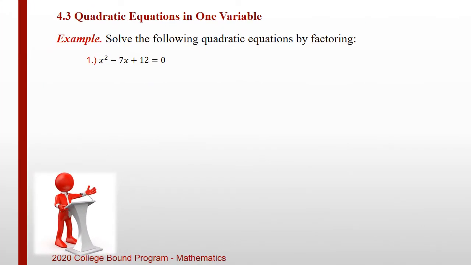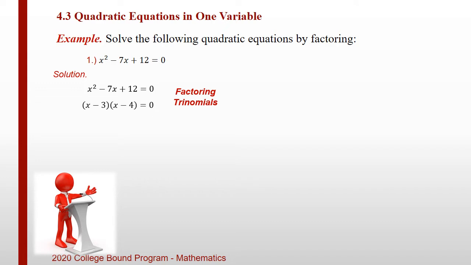Suppose that we are asked to solve x squared minus 7x plus 12 equals 0 by factoring. Now, it is easy to see that the left-hand side is a trinomial which can be factored into (x minus 3) times (x minus 4).